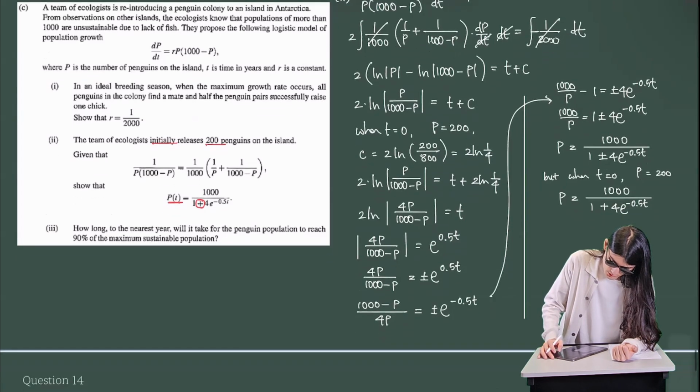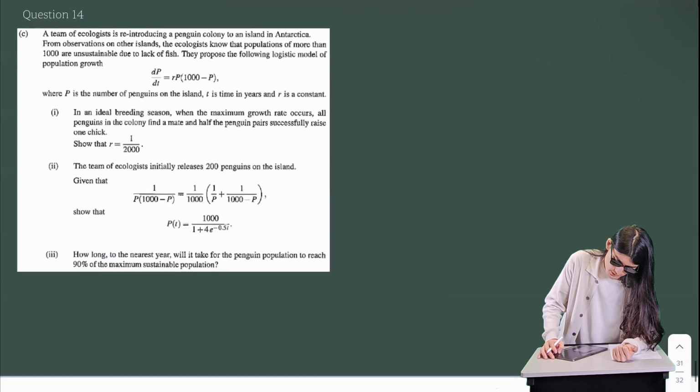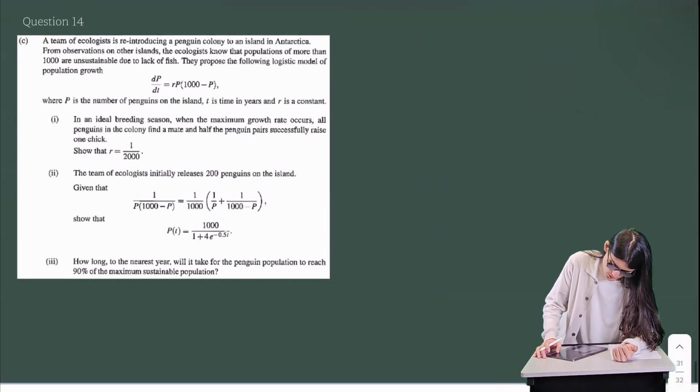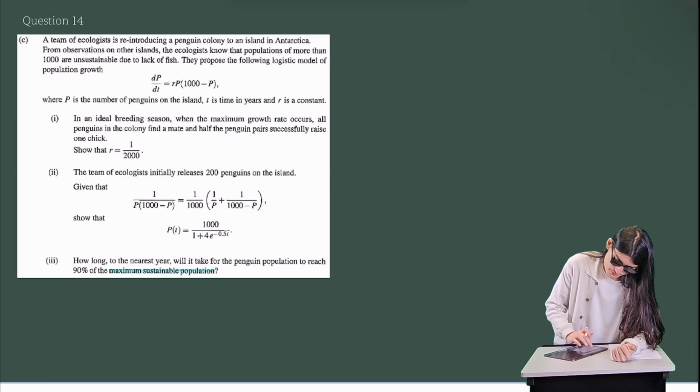Now moving on to the very last part, in the very last question. Part 3: how long to the nearest year will it take for the penguin population to reach 90% of the maximum sustainable population?